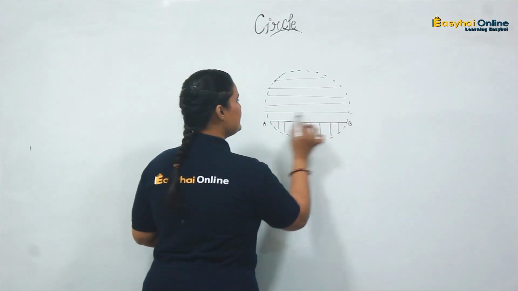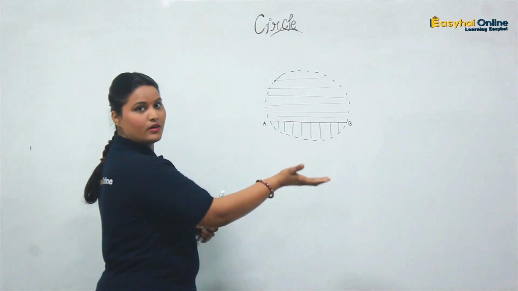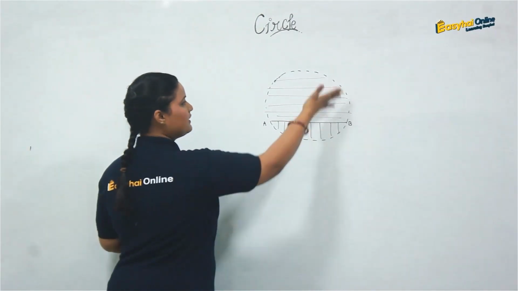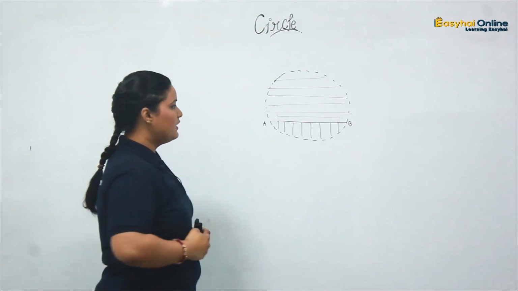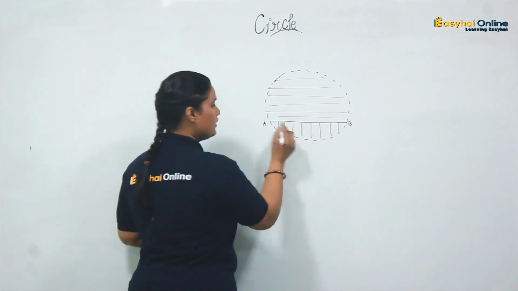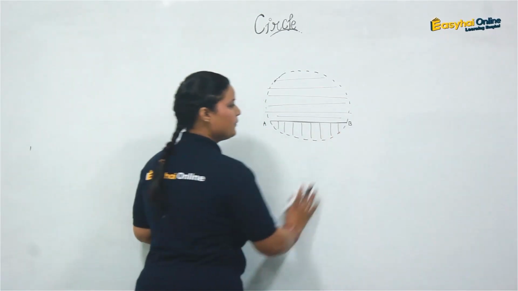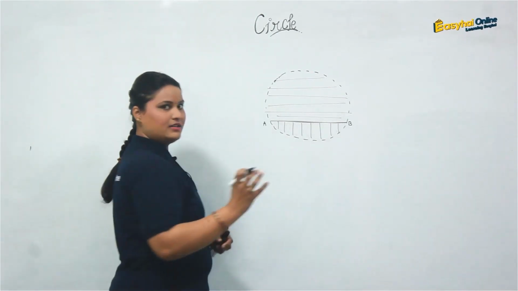You can easily see that the lower one is the smaller part and the upper one is the larger part. Generally, whenever we divide a circle by any chord, it divides the circle in two parts.